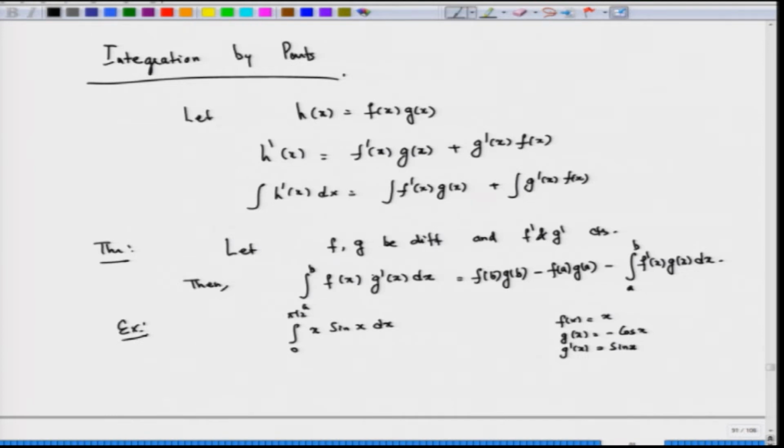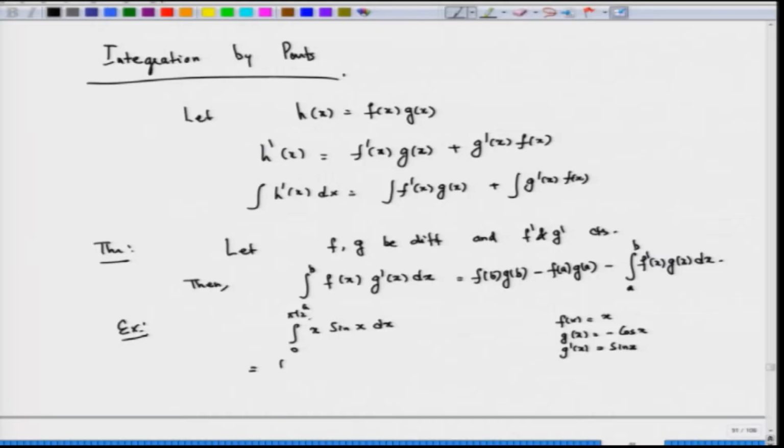Therefore, this is just in the form of the left hand side. So, the integration by parts formula will tell us that this is equal to f of pi by 2, that is pi by 2 into minus cos pi by 2, which is 0, minus f of 0, which is 0, and cos pi by 2 is 0.